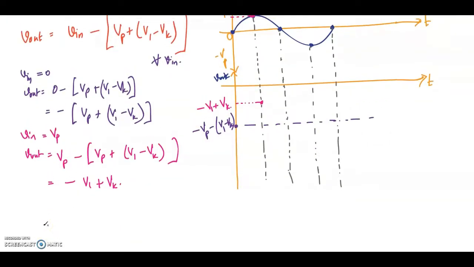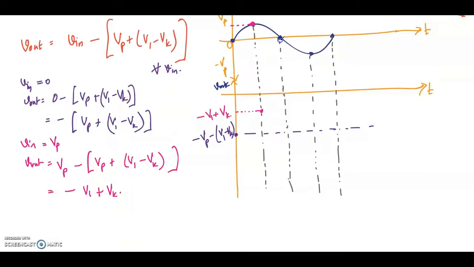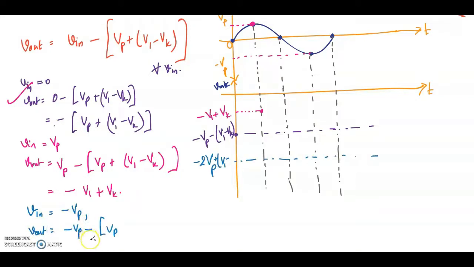Let me take one more condition. Next condition is Vn equal to 0, which we already have here. Then you have a negative peak here, minus Vp, isn't it? Let's do that. When Vn is equal to minus Vp, then Vout is equal to minus Vp minus Vp plus V1 minus Vk.